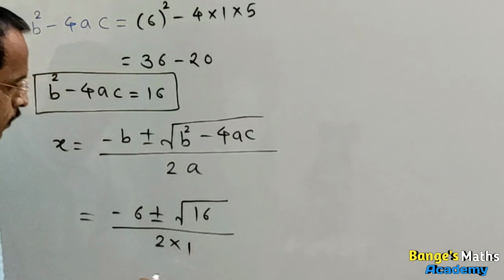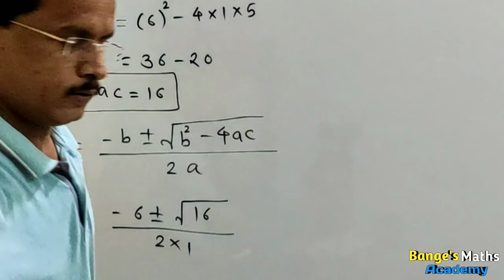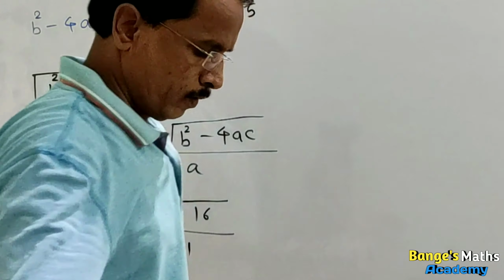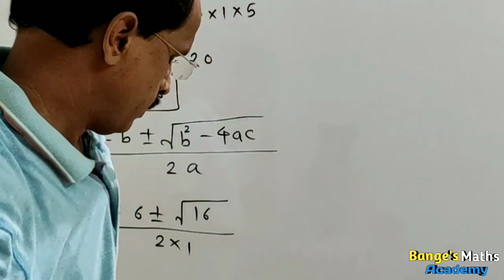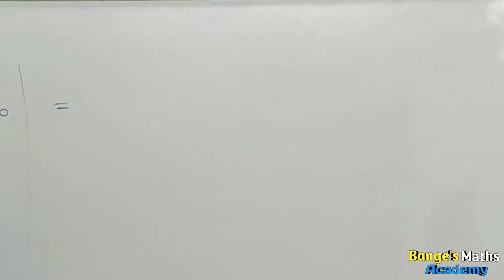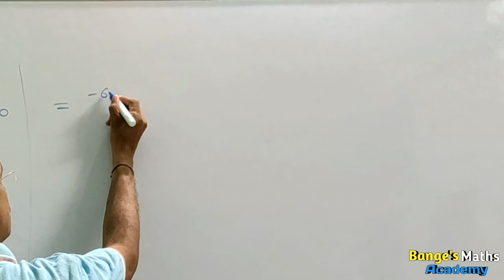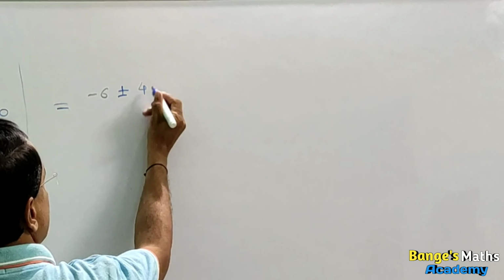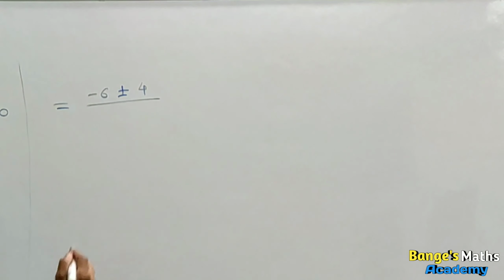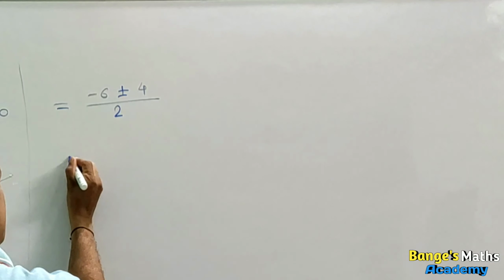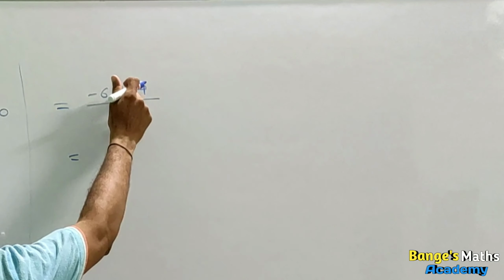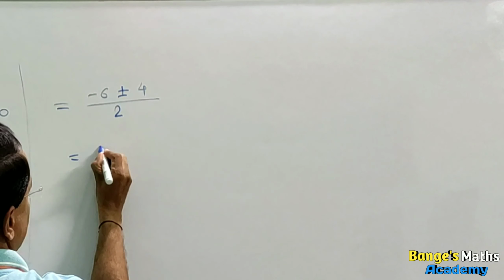Value of a is 1. Then simplify this. It is equal to minus 6 plus or minus square root of 16 is 4, upon 2 into 1 is 2. Take one time plus sign and the other time minus sign.